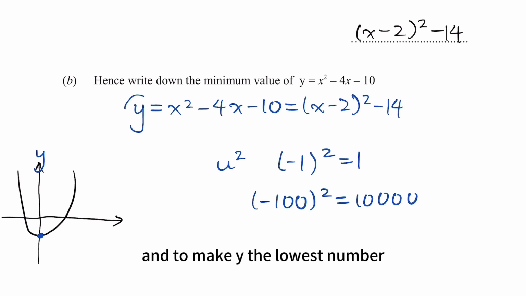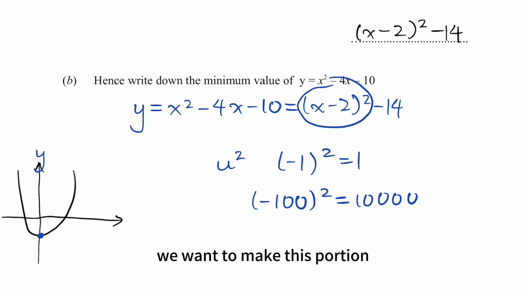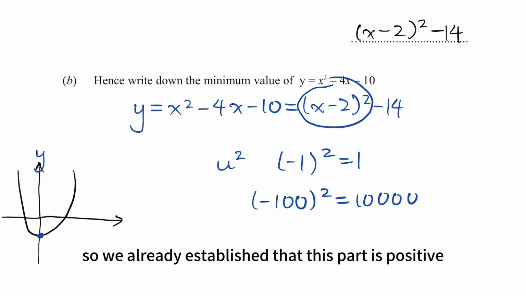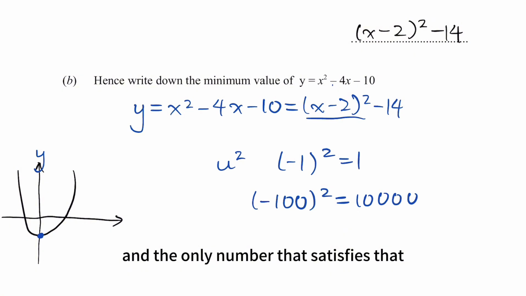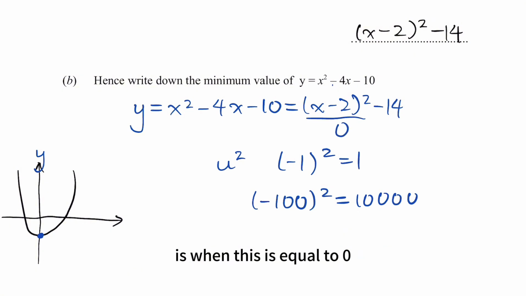And to make y the lowest number, we want to make this portion contribute as little as possible to the y amount. We already established that this part is positive, so we want this to be as small as possible. The only number that satisfies that is when this is equal to 0. 0 is the lowest number we can get.